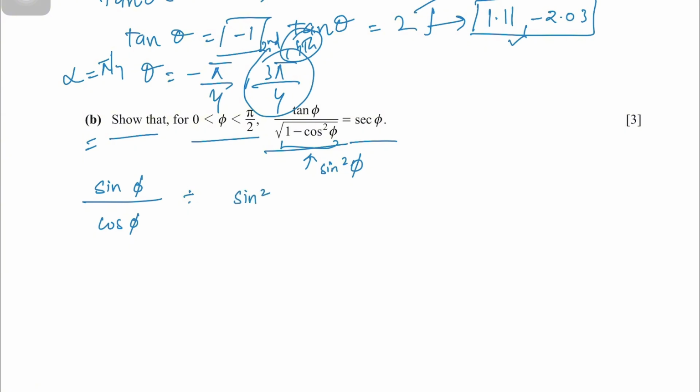So this would be sin squared phi under root, and this would be cancelled out. This will go in the denominator and this sign would be cancelled out again with this. So this would be 1 over cos phi, which is basically equals to sec phi.